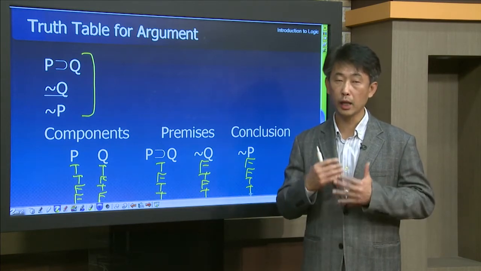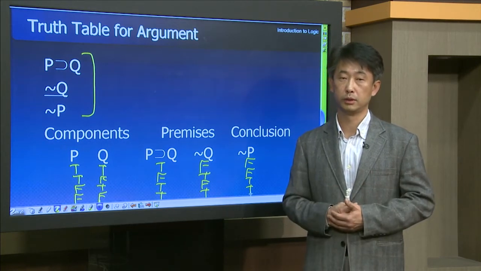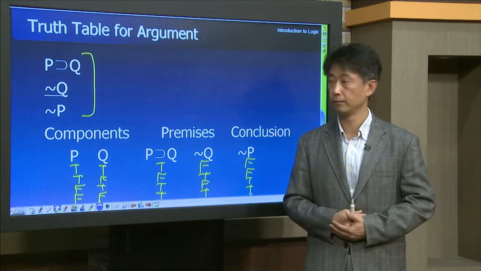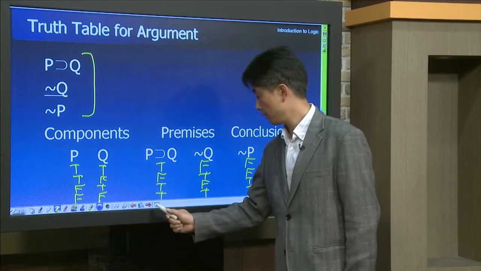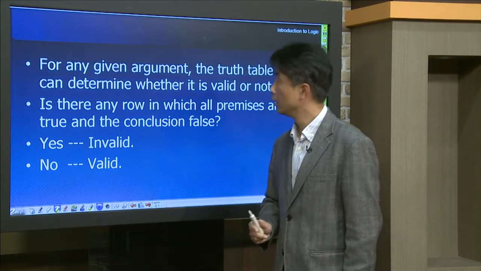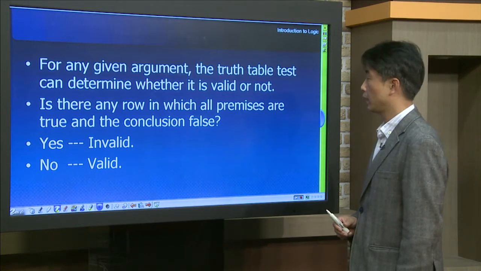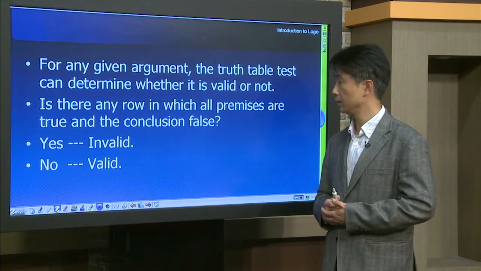And a truth table can give us a very useful test of determining the validity of any given argument. Well, how do we do that?